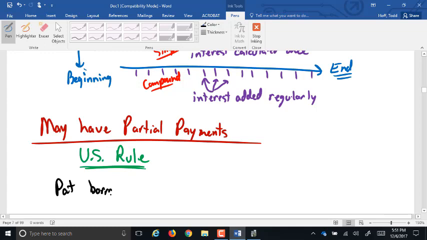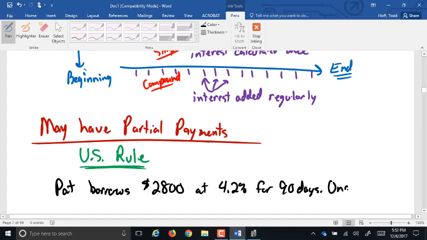Pat borrows $2,800 at 4.2% for 90 days. On day 42, Pat makes a $1,200 payment.